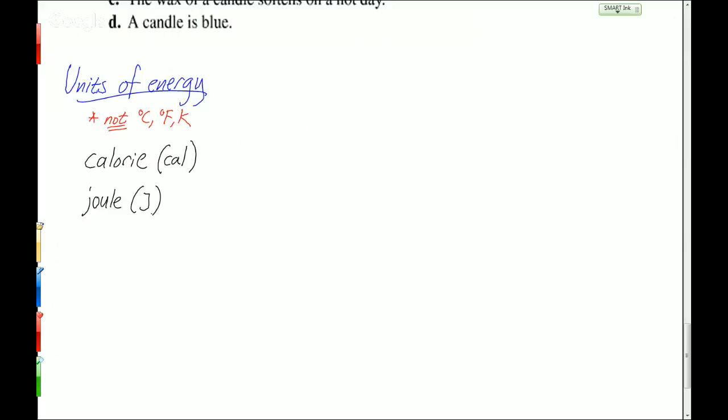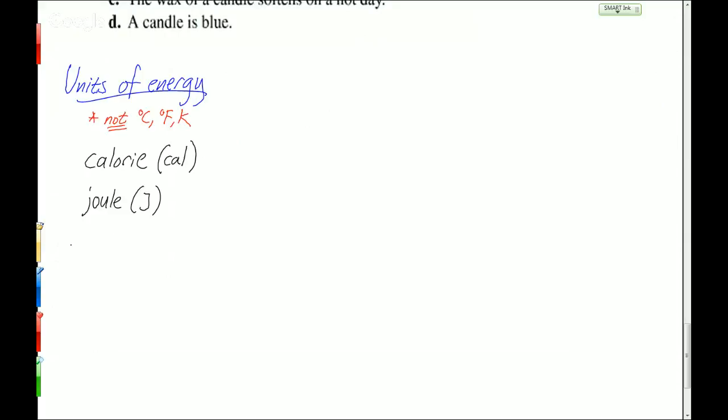SI is a category of units. So the SI unit for energy is the kilojoule, I think. Look that up. I think that's right. Is joule the same as glucose? No, glucose is a molecule.